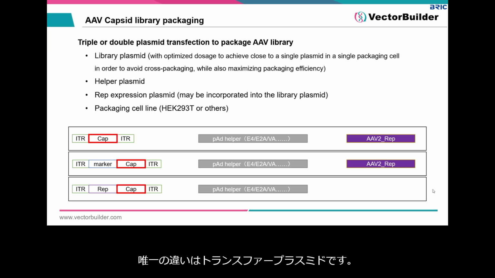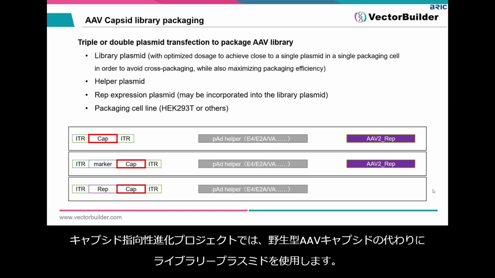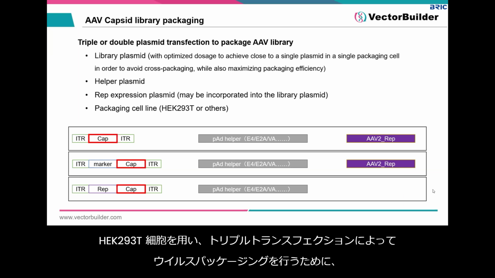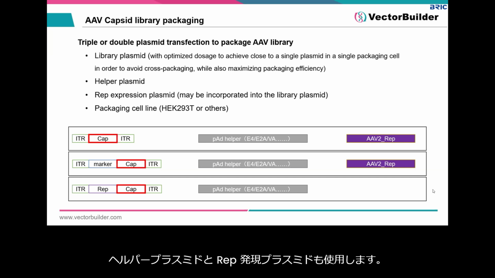The only difference is the transfer plasmid. In this kind of capsid evolution project, we use library plasmids instead of a wild-type serotype of AAV capsid. We would also include the helper plasmid and Rep/Cap expression plasmid to do triple transfection in HEK293T cells for virus packaging.